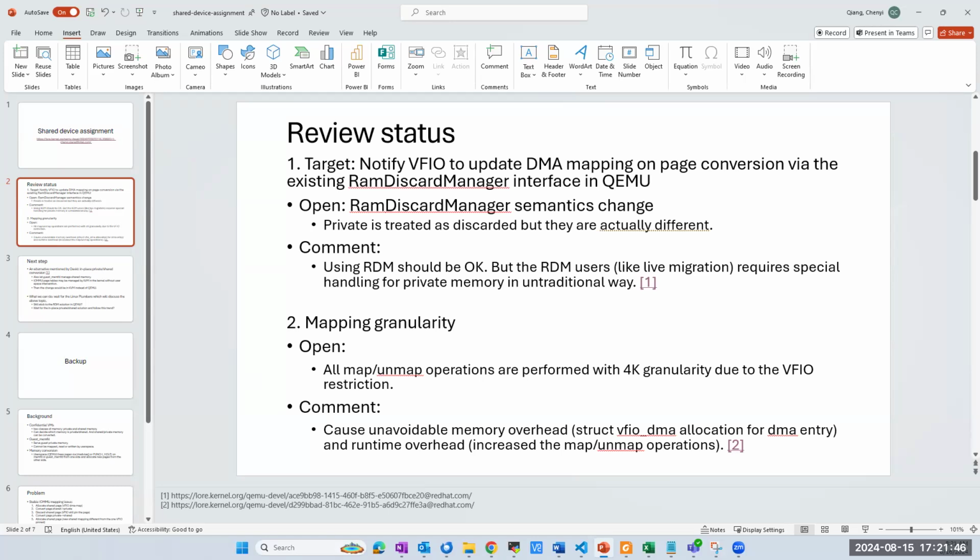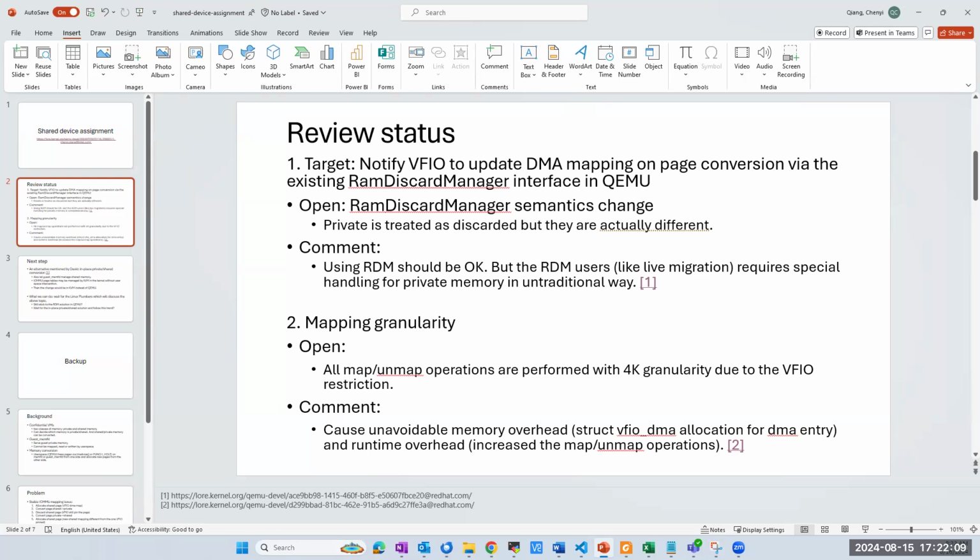The other one would be to add something in the paravirtual interface. When the guest does DMA map, DMA unmap, and then set encrypted, set unencrypted, it could say in this set encrypted paravirt call that it's for DMA.